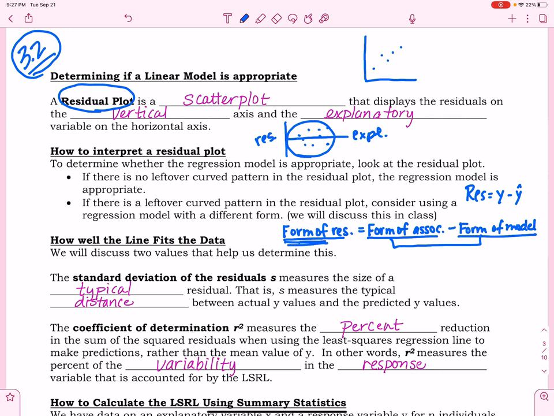So the form would equal 0. So if the form of the model's a good fit for the association, when we subtract those, we should theoretically get a 0, meaning no form in the residuals. So we don't want to see a form, and by form I mean a mathematical pattern, like a curve or a line or something like that. We don't want to see that in the residual. We want to see a nice random scatter of points.